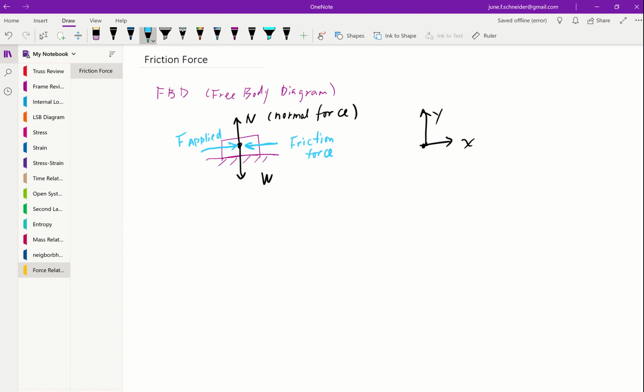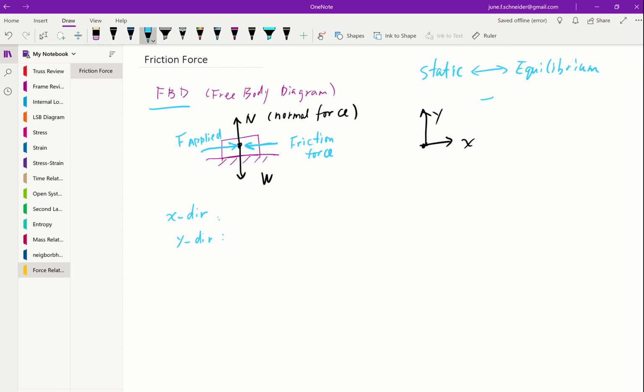In the FBD, free body diagram, we're going to look at the x direction and y direction respectively. In the x direction, since this is static, everything is not moving. If it's not moving, it reaches equilibrium. The left force and the right force have to be equal, right?